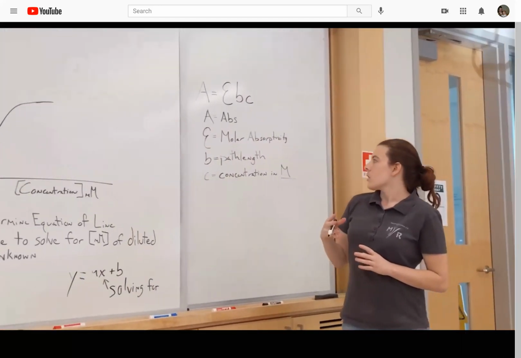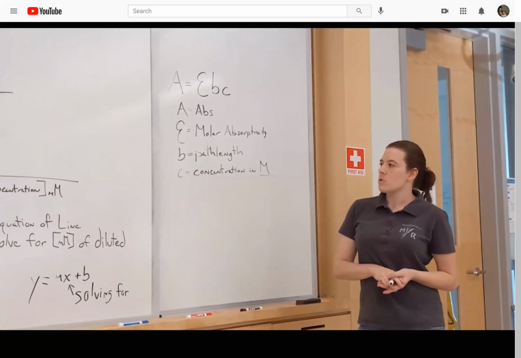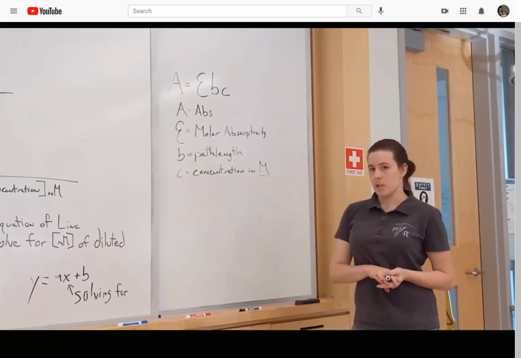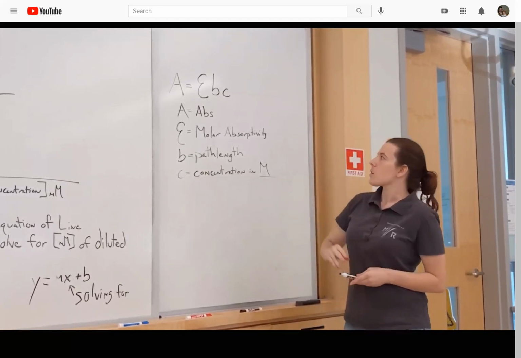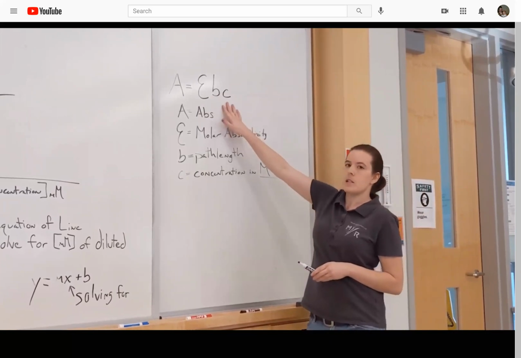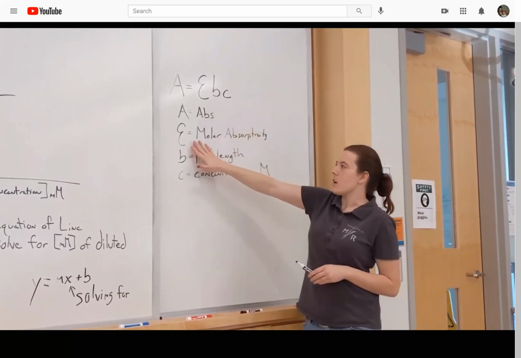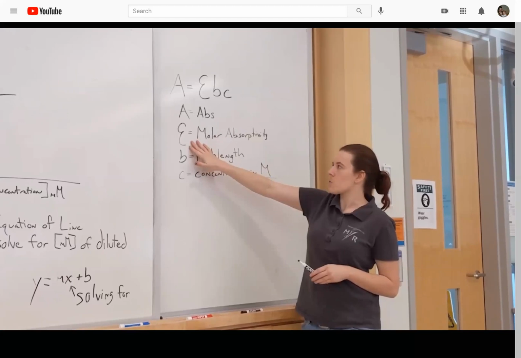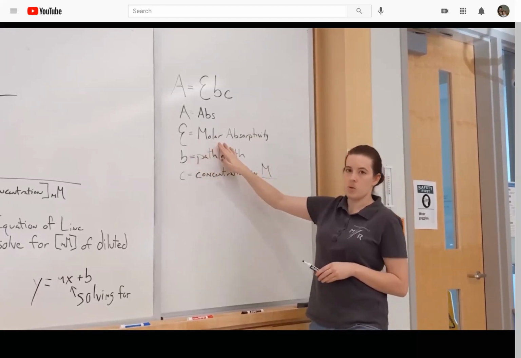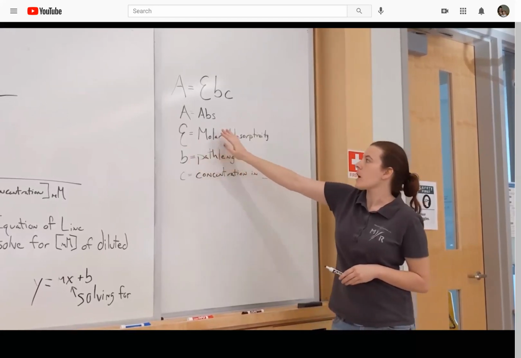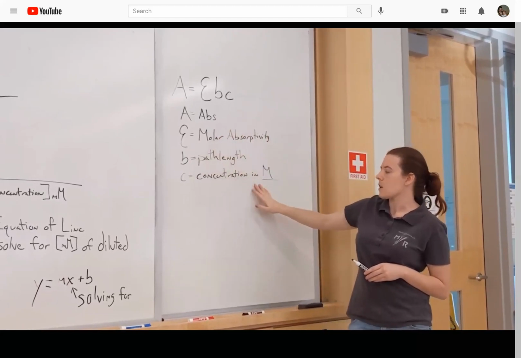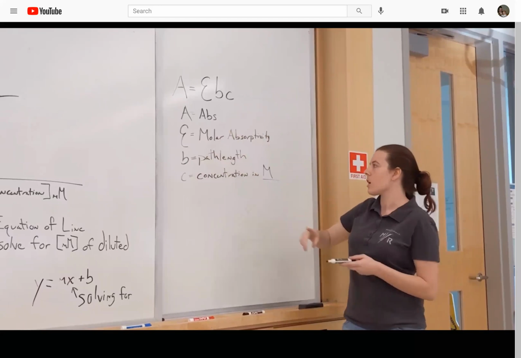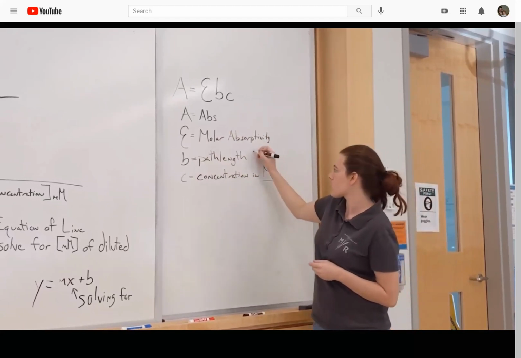So this lab also wants you to calculate the molar absorptivity. You might be wondering what that is. If you ever see the equation A equals epsilon B C, the Greek letter epsilon is what stands for the molar absorptivity. A is the absorbance, B is the path length, and C is the concentration in molar. The path length is in centimeters.